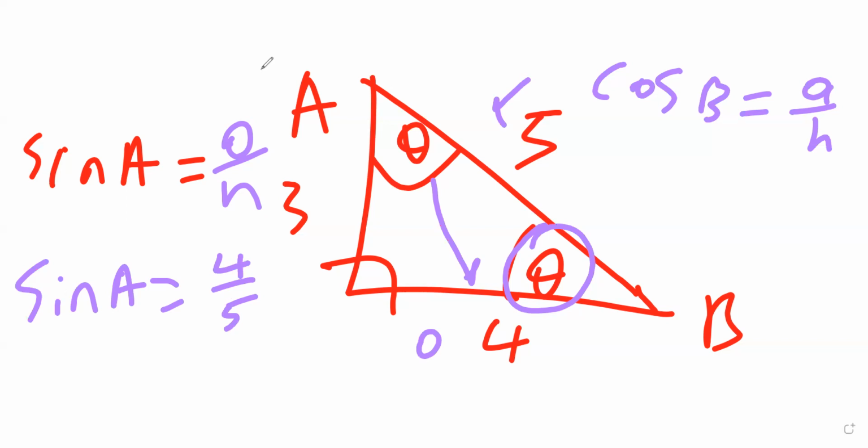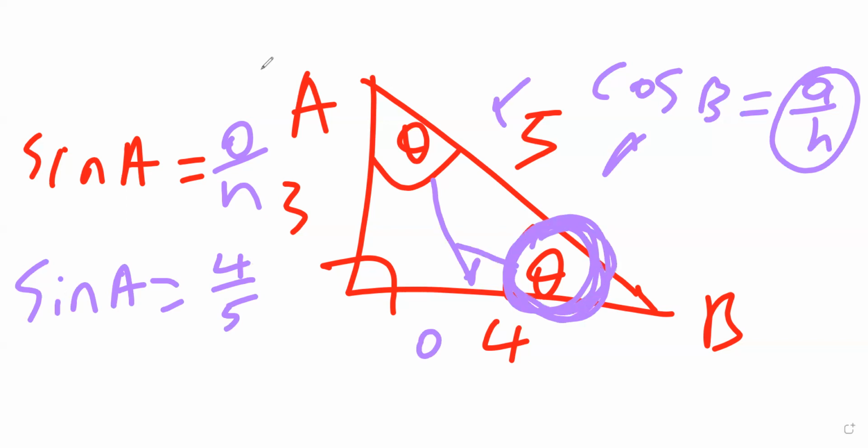If I were to use B in terms of cos, remember the sides associated with the cos function: this will be the adjacent side right here, while this is the hypotenuse side.